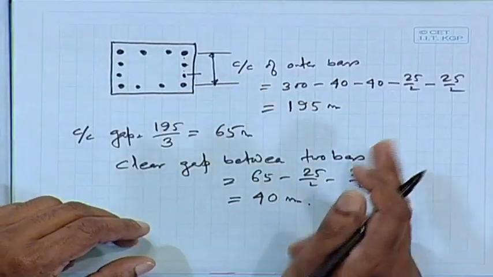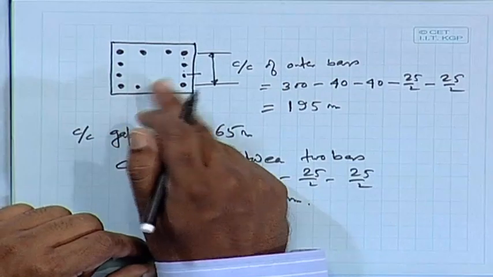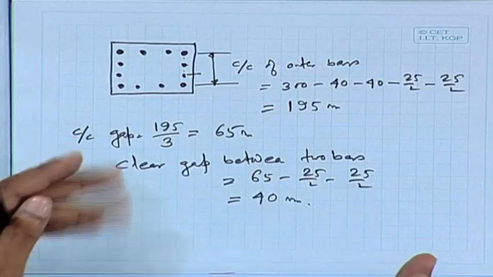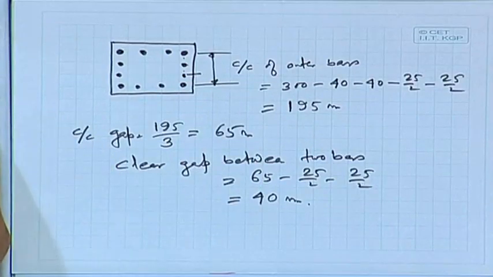Even if 50% of the bars are staggered, we shall start in such a way that all the bars will not curtail in the same position. That means all 12 bars going up and then at this level you put another, I do not want that, and that is not a good solution. It is not desirable, because then the section will be weak and crowded with so many bars.